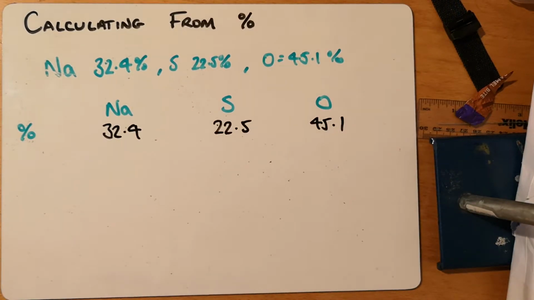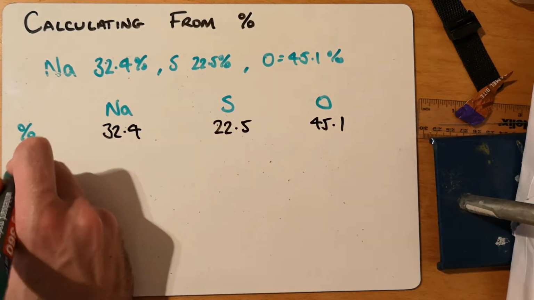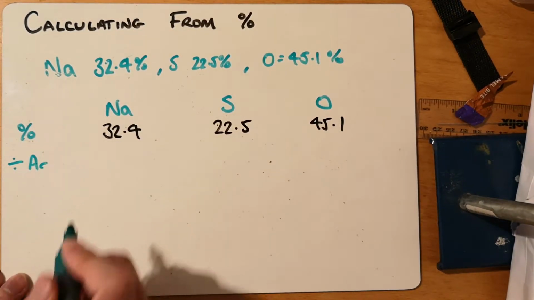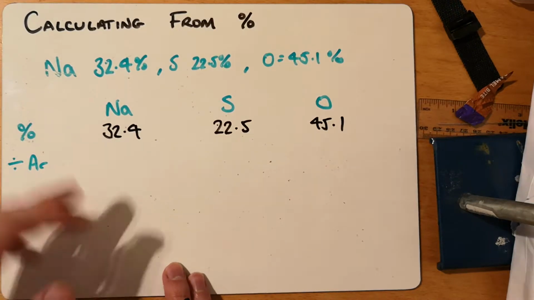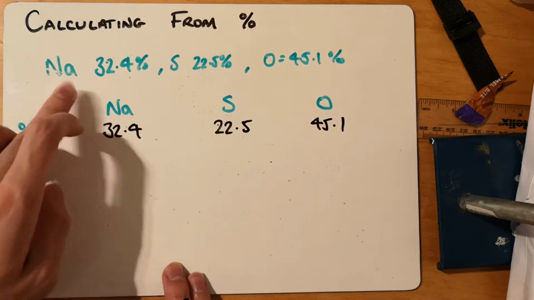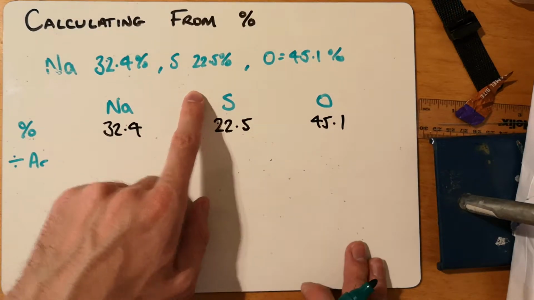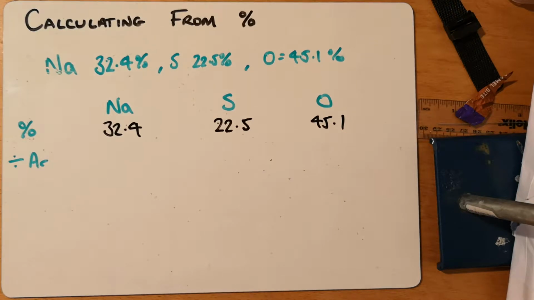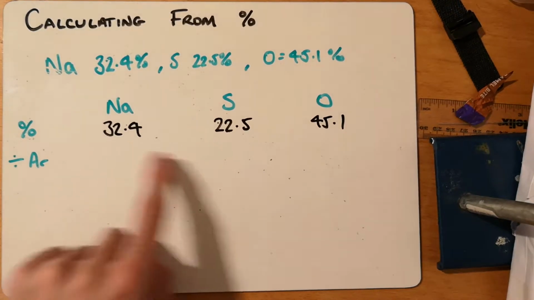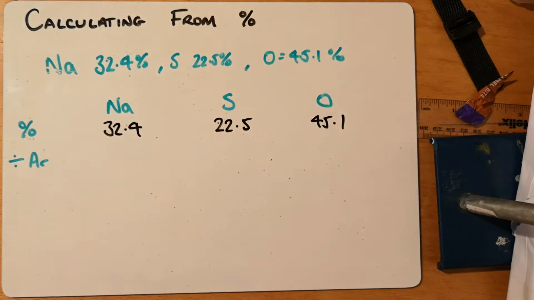And the first step is to divide by that AR. Now AR stands for atomic mass. So sodium's got its own atomic mass, it's 23, sulfur 32.1, oxygen 16. We can see these on the periodic table. So each individual one of these will be divided by its own atomic mass.